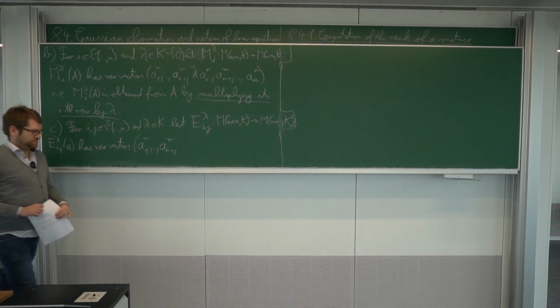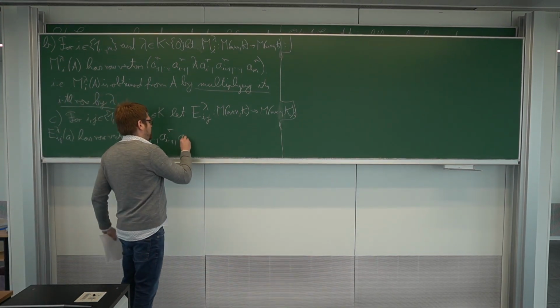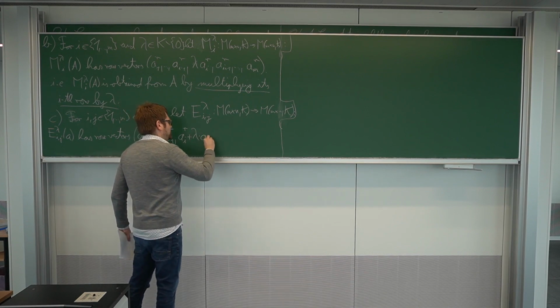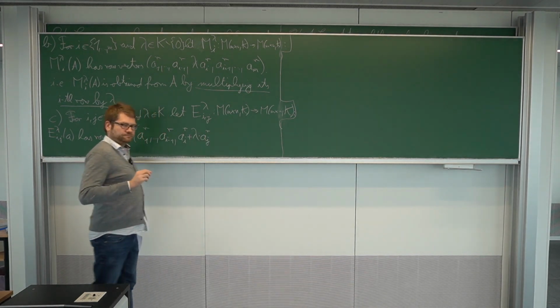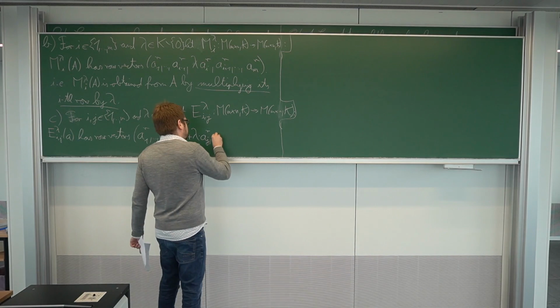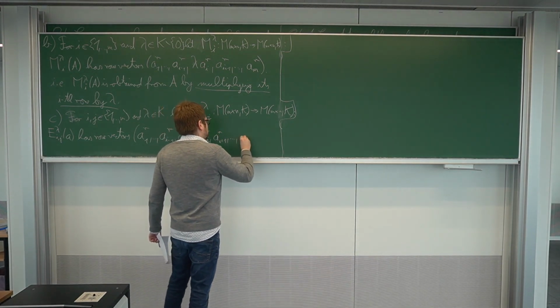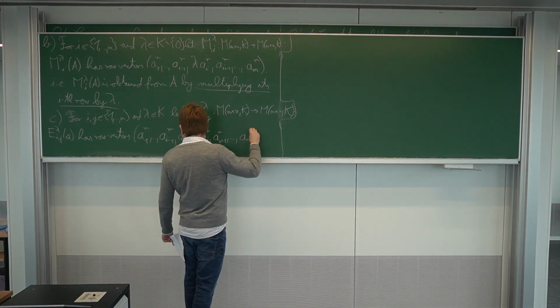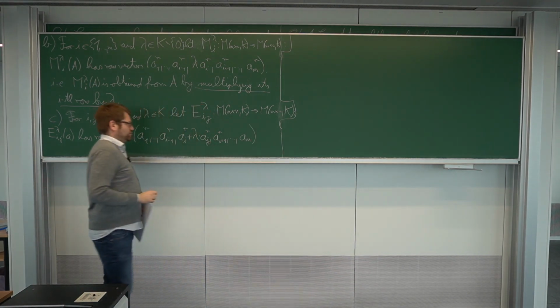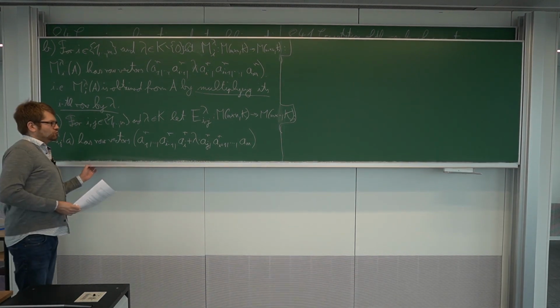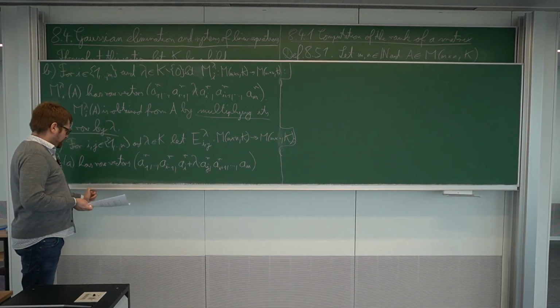So instead of AiR, we have AiR plus lambda times AjR. And the rest of the rows stays the same, so we have A(i+1)R to AmR. So for some number j that we've predetermined, we add this multiple of this row to the row AiR.